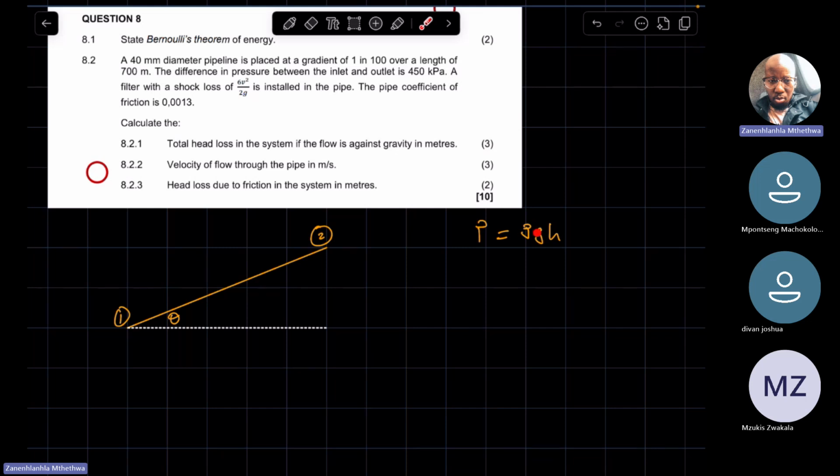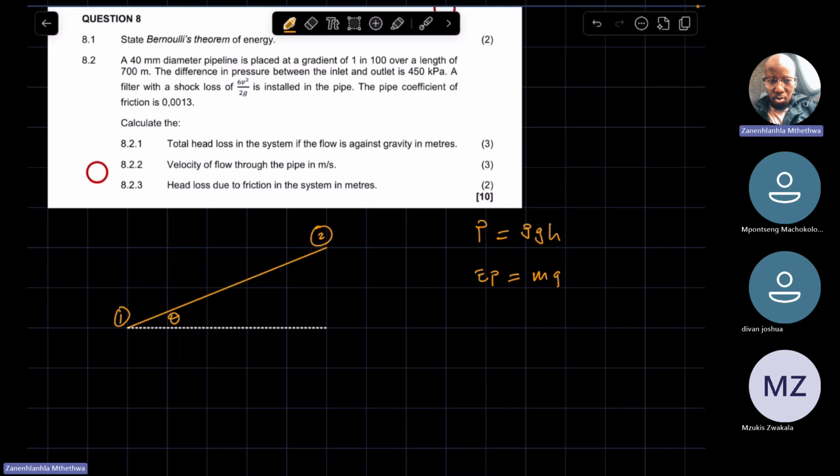So what determines the magnitude of the pressure is the column of fluid. Remember that this h is different from the h of potential energy.